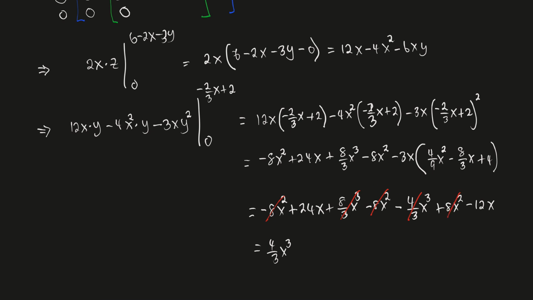So yeah, we're left with a negative 8x squared. And then for the x, we have 24x minus 12x. So that's a positive 12x. Whew, there we go. So looks good, and hopefully our algebra is good. And then we have one last integral now.